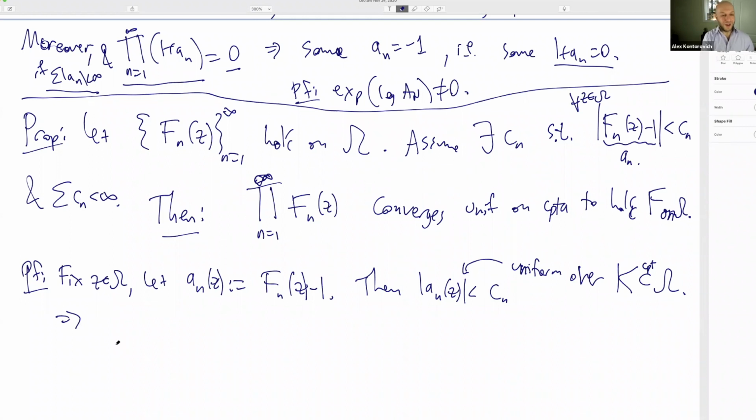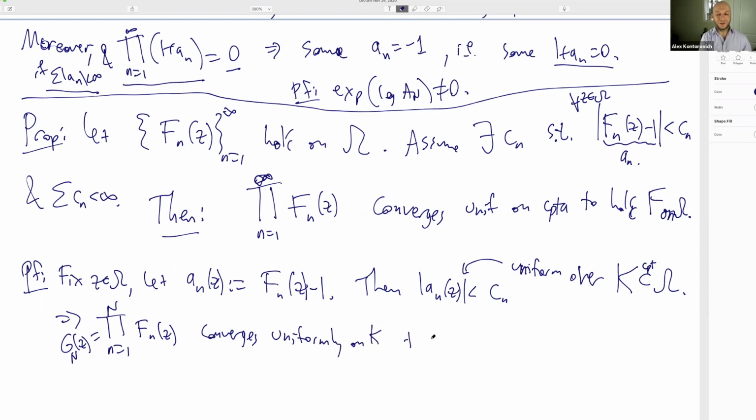Hence, this family of functions, by what we just saw, converges, and each, so let's call this Gn of z, converges and does so uniformly on K to, well, converges to F, and uniform convergence on compacta of a sequence of holomorphic functions is holomorphic.